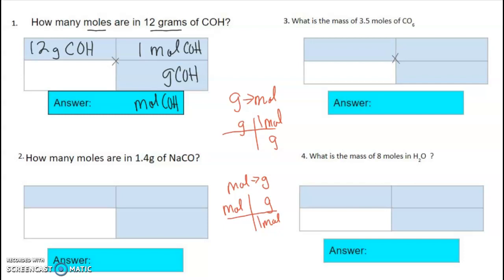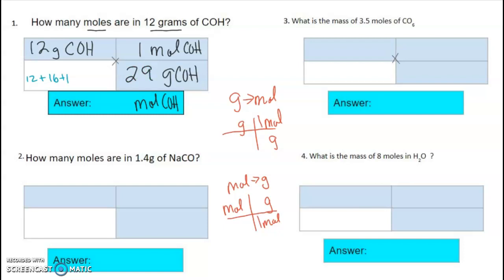On the table, we know that carbon is 12, oxygen is 16, and hydrogen is 1. And we're looking at the bottom number for the atomic mass. If we add together 12, 16, and 1, that's going to add up to 29. So we're going to put 29 in our box right here.